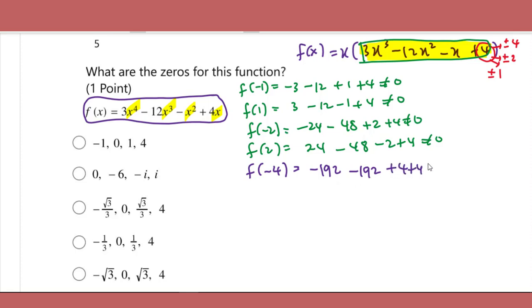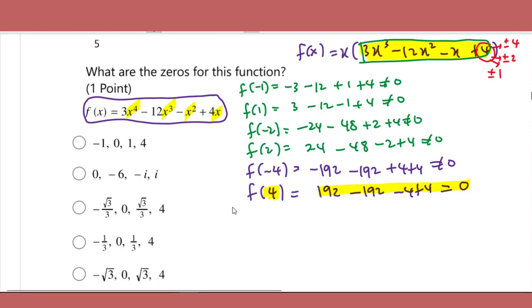This is also not equal to 0. And the last chance: substitute positive 4, and you get 0. Therefore, 4 is a zero for this polynomial.